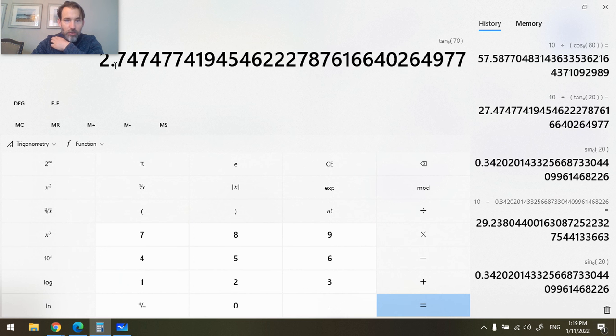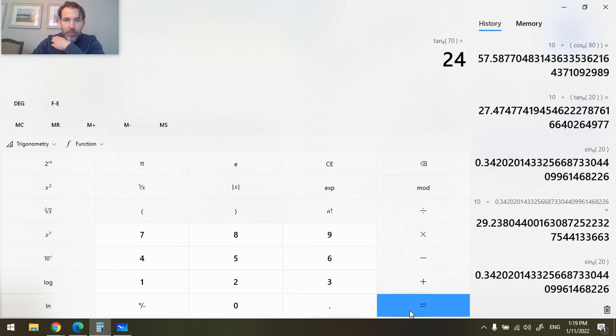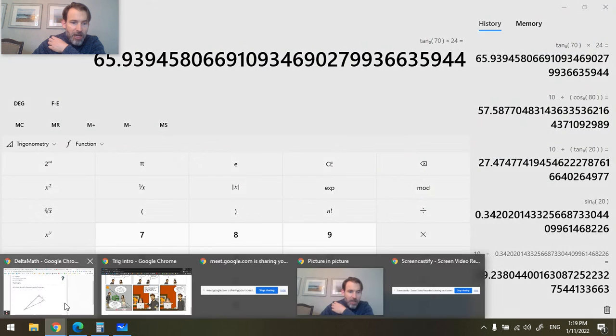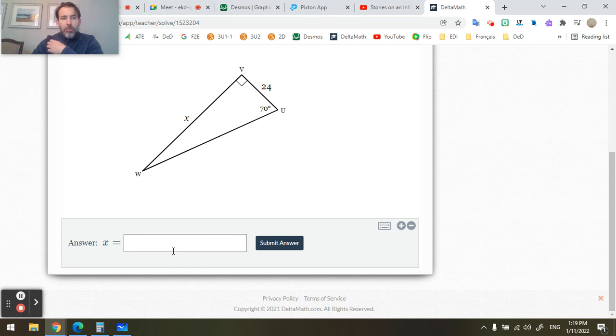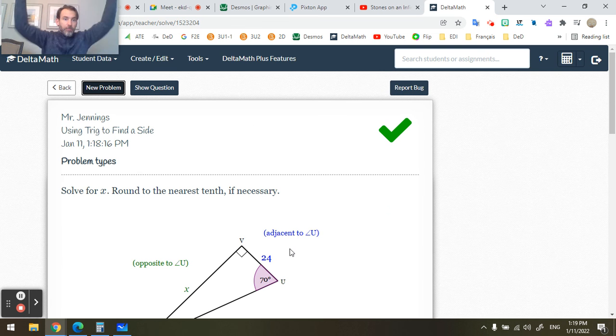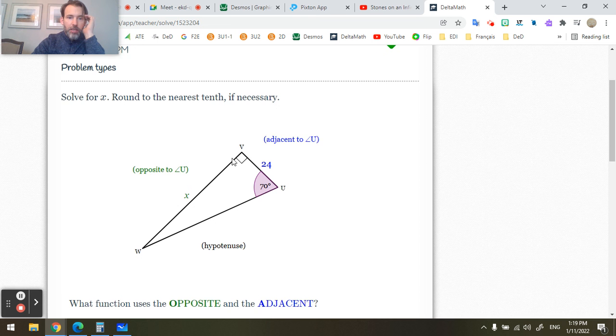So tan 70 is 2.7, and I multiply that by 24. Gives me 65.9. So put that in, 65.9. That's rounded to the nearest tenth, one decimal place. Yay! Okay, see? Adjacent, opposite.